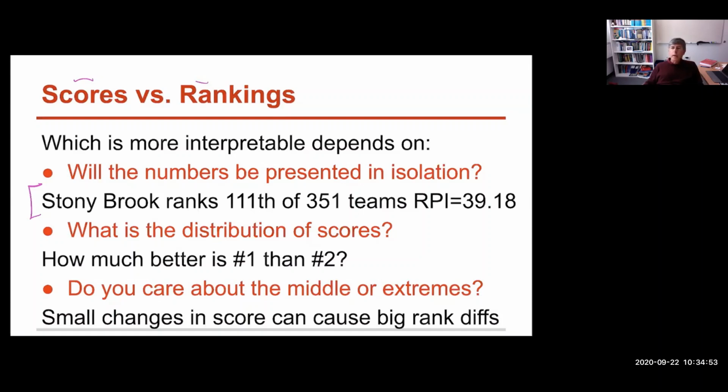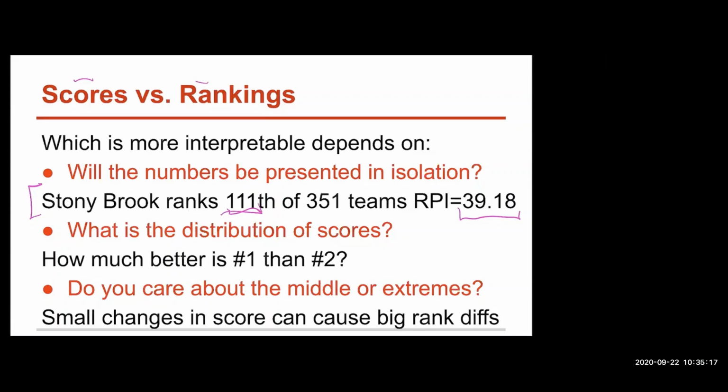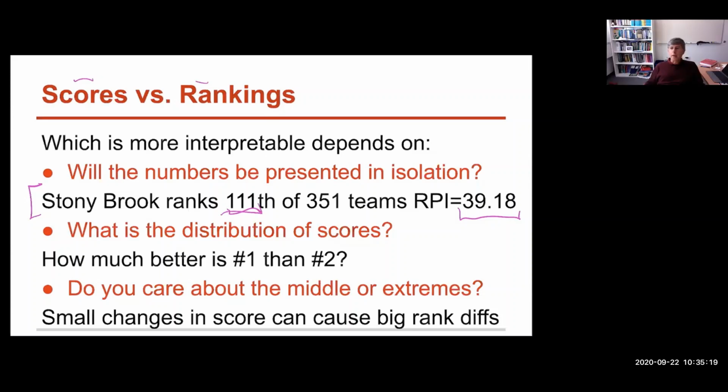Which number is more meaningful to you? The ranking. Okay, who here finds ranking more meaningful as a number in isolation? This tells me, is Stony Brook a great team? No. A good team? It was an okay team actually that year.